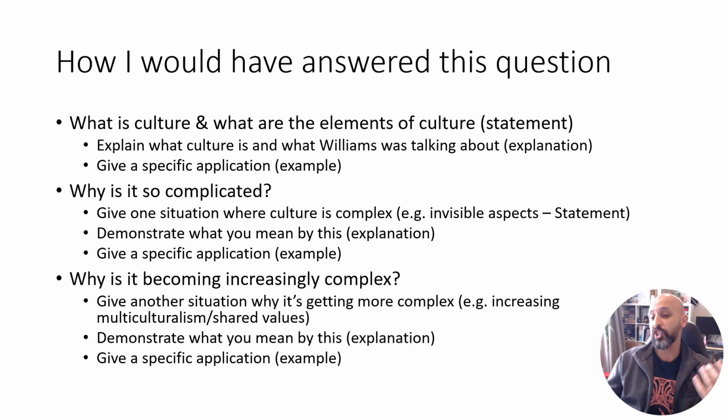We have different shared values. So people might look very different and have very similar culture, or the opposite. People look the same, have very different cultural norms, very different cultural backgrounds. So the idea of what culture is, what a shared value is, what shared norms are, is becoming more and more complex. Demonstrate what you mean by that.